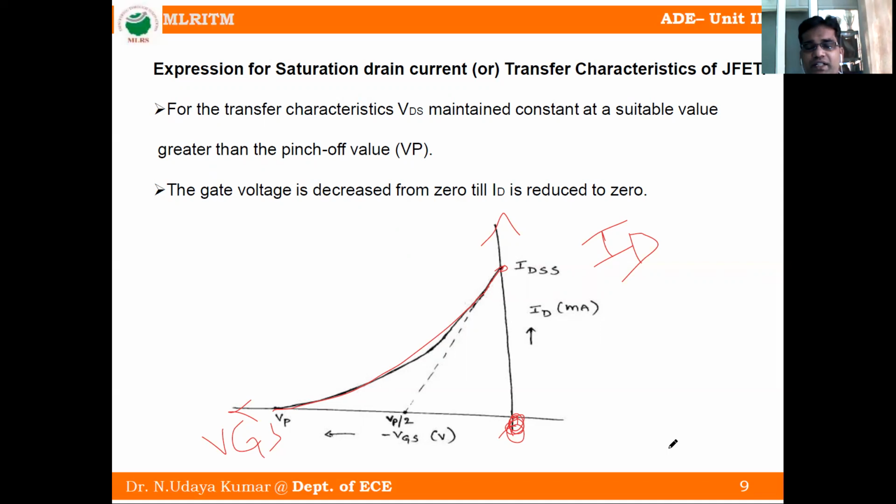When VGS is decreased from 0, that means minus 1, minus 2, minus 3, ID is also decreasing from the maximum saturation current IDSS to 0. Whenever ID is 0, the corresponding voltage VGS we call the pinch-off voltage.